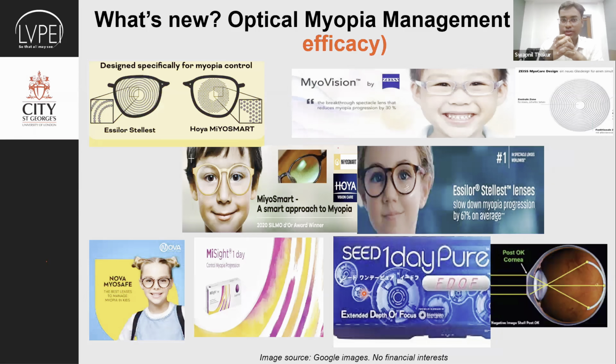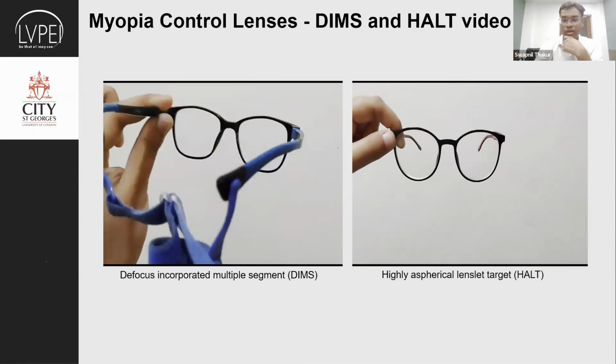Okay, so what's new? There are multiple myopia control strategies in the market which show an efficacy of 50 to 70% in controlling myopia progression as well as axial elongation. The most famous ones are the Essilor Stellest lenses and the Hoya MiyoSmart lenses.